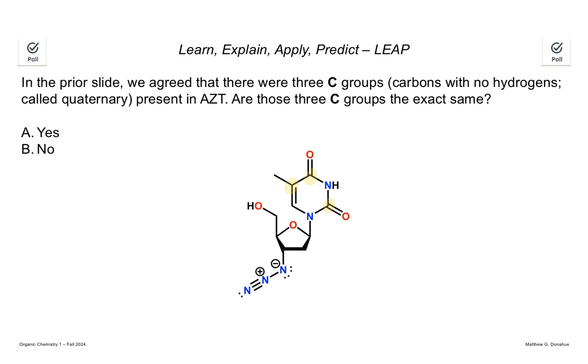And they're not the same because, again, if you stand there, that carbon's bonded to a methyl group, and that's bonded to a carbon with a double bond to an oxygen. That's bonded to a nitrogen, that's bonded to a carbon with that methyl group, and that one is bonded to 2 nitrogens. So there's the test of answering that question.